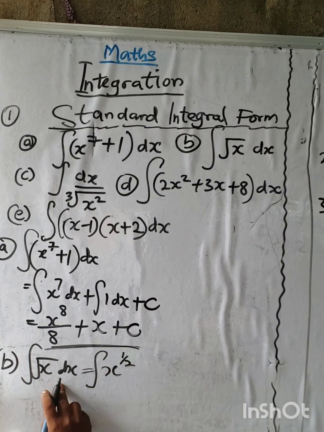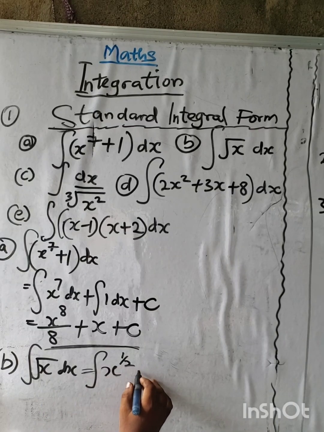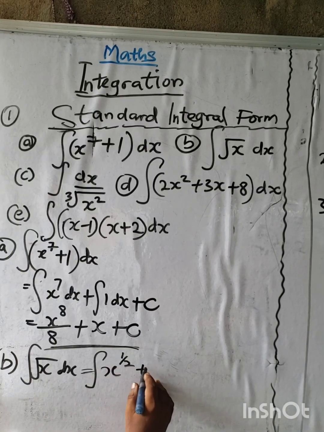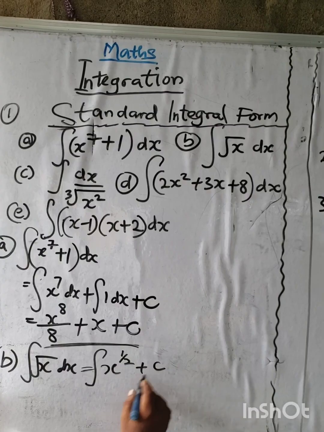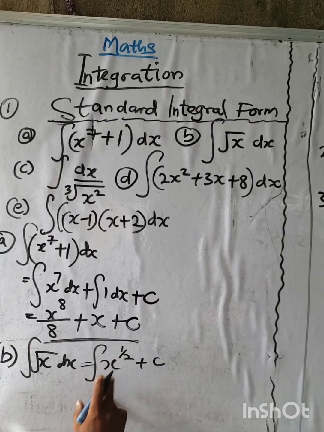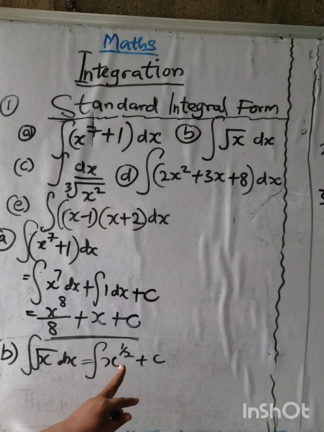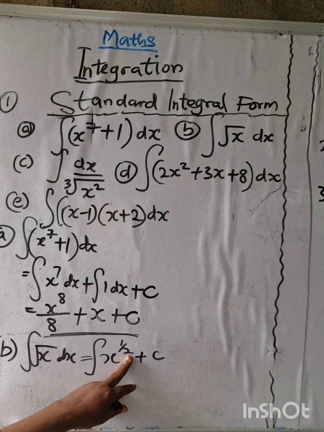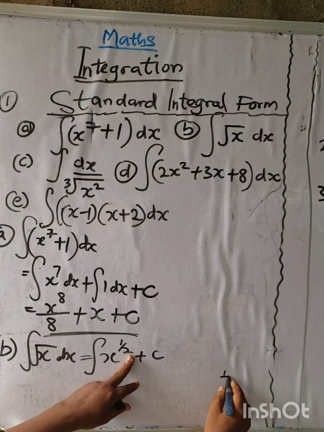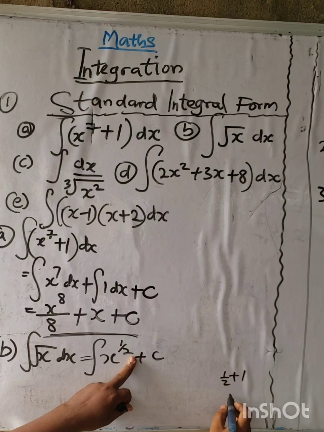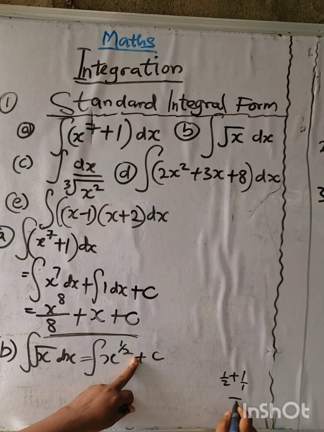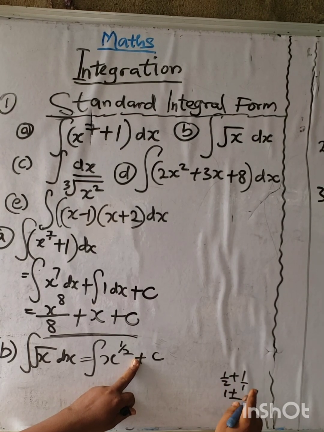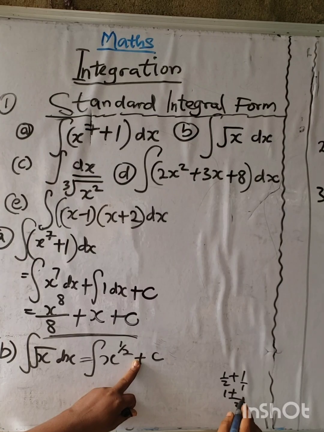And remember, this will be plus c. How do we integrate this? We are going to add 1 to this one. This will be half plus what? 1. The LCM is 2. 1 plus 1 into 2, 2 times 1, 2.